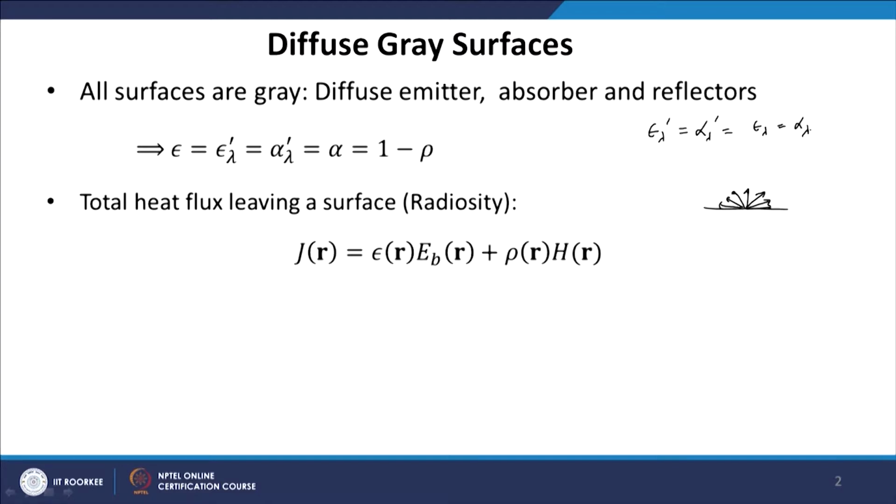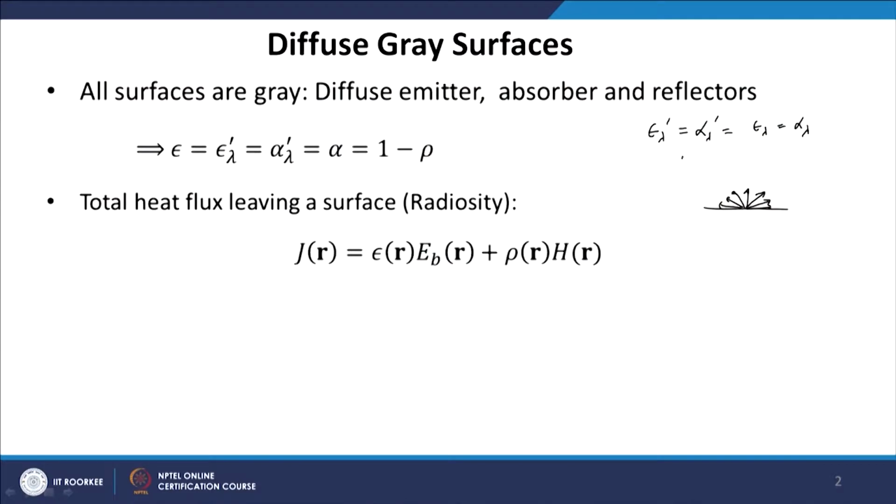The emittance and absorptance do not depend on direction, it is uniform in all the directions, and the surfaces are grey. That means the emittance and absorptance do not depend on wavelength also. So, we have emittance as equal to epsilon and absorptance as equal to alpha.